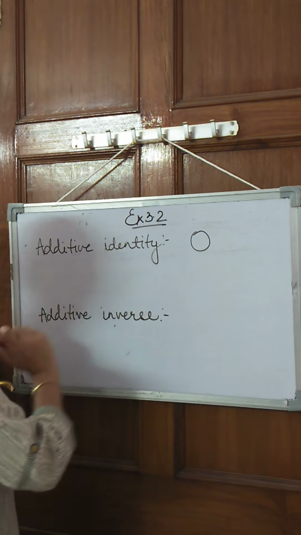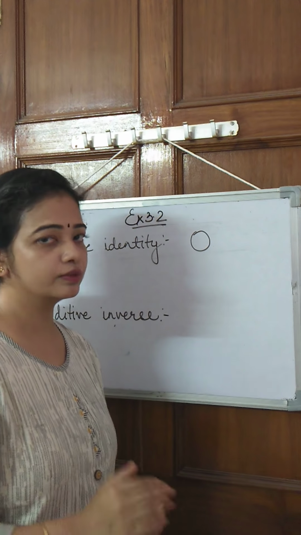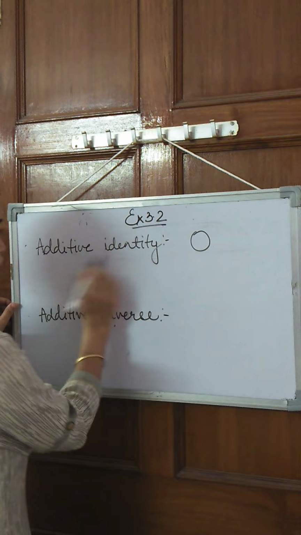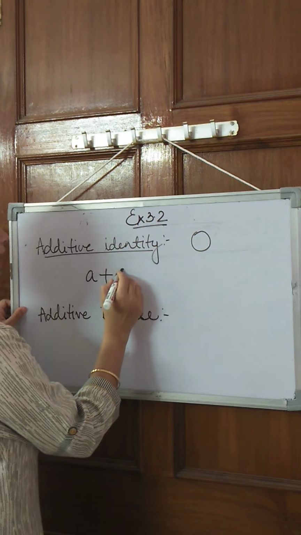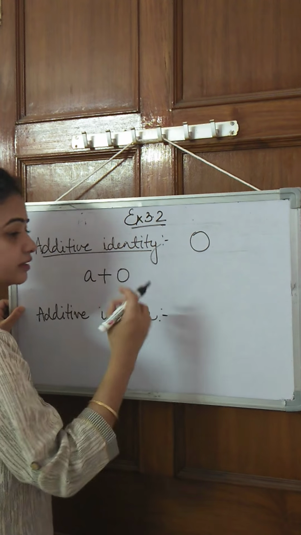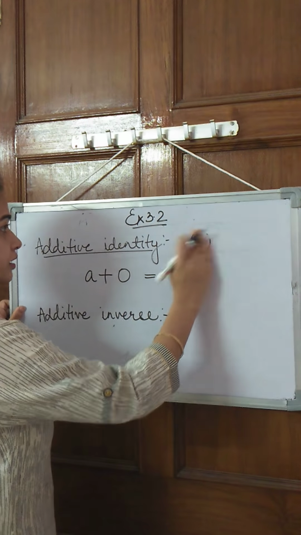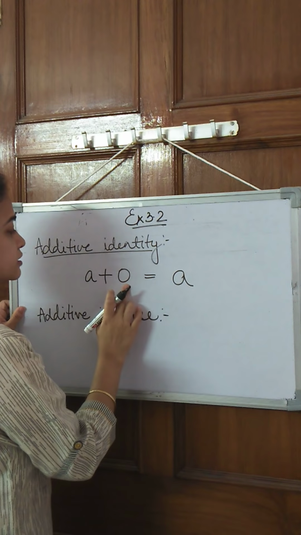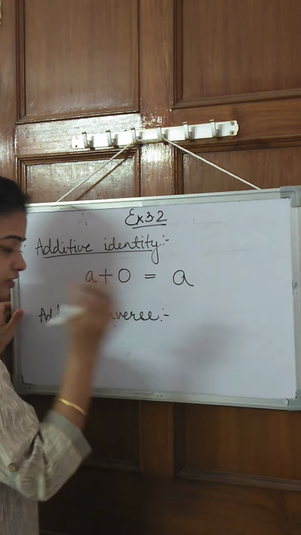So for any positive or negative number, you add 0 to it, the number remains the same. In general, I have a number A, I am adding 0 to it. This A can be a positive number also, this A can be a negative number also. My answer remains A. If it is 5, then 5 plus 0 is 5. If it is minus 5, then minus 5 plus 0 is minus 5.